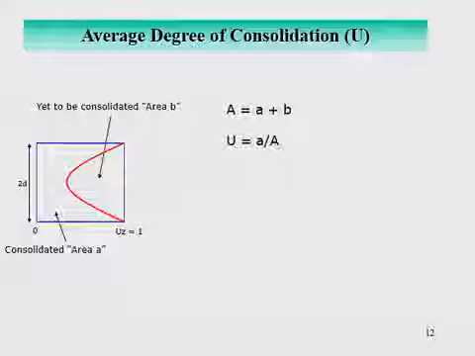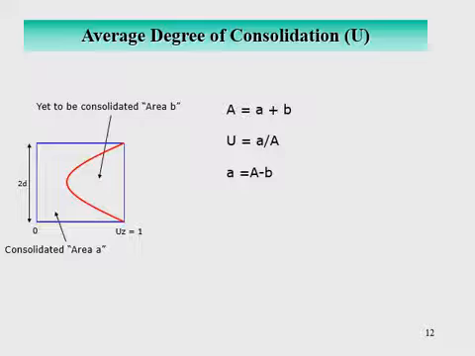That would give you the progress of consolidation on average for the whole layer. And of course, now this U is not a function of depth, rather it is a function of only time.